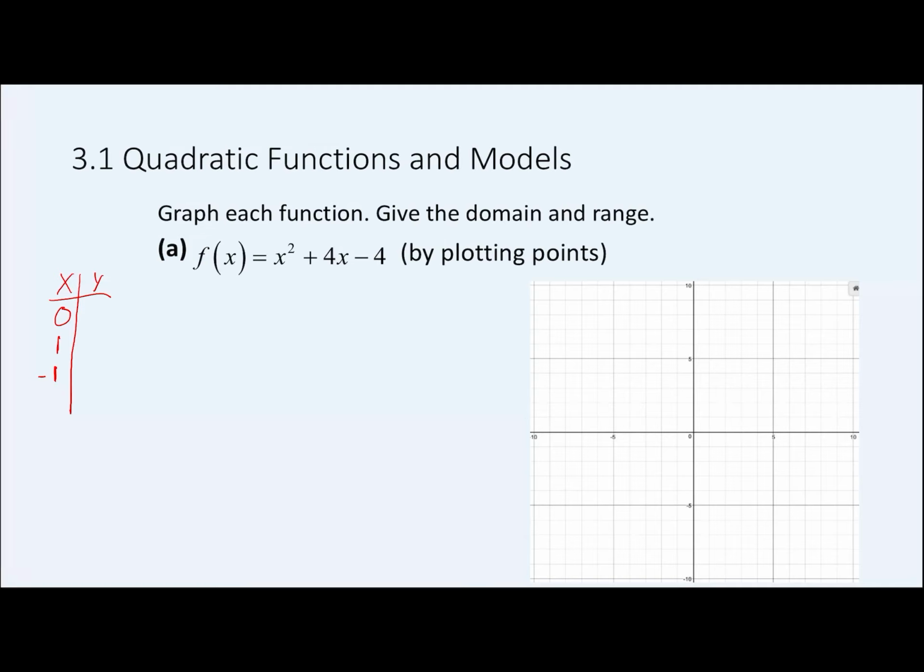So it makes sense, I hope, that we probably need to start with our x value at 0 to see, is this where it's going to start? And I'm also going to put in 1 for x and -1 for x. And the reason I'm going to do that is because if this is a parabola shape, I've got to get the curve. I've got to see where that curve takes place.